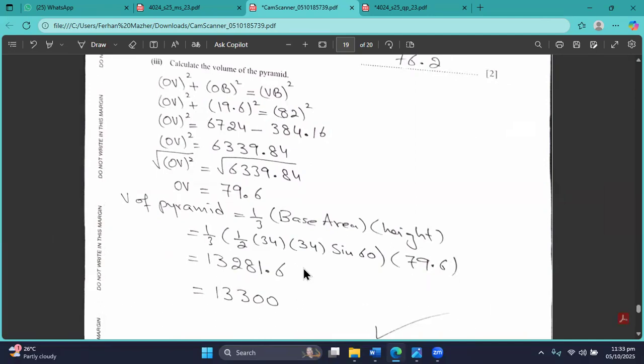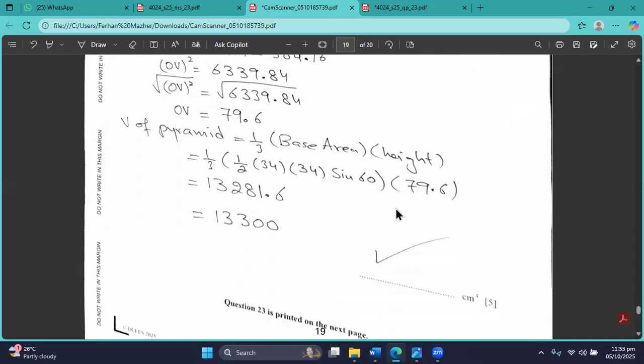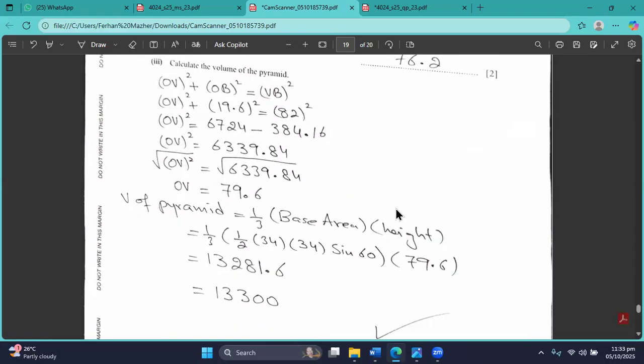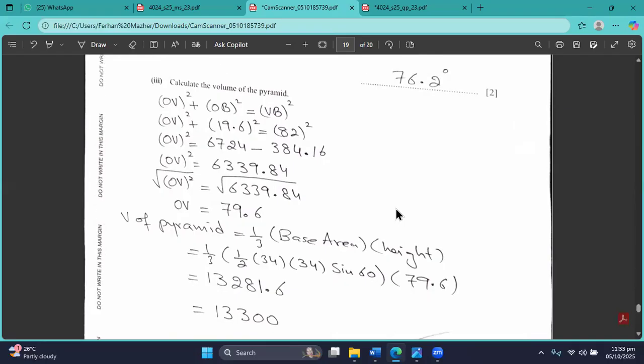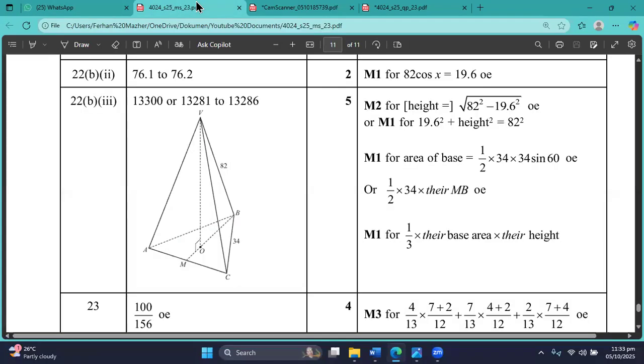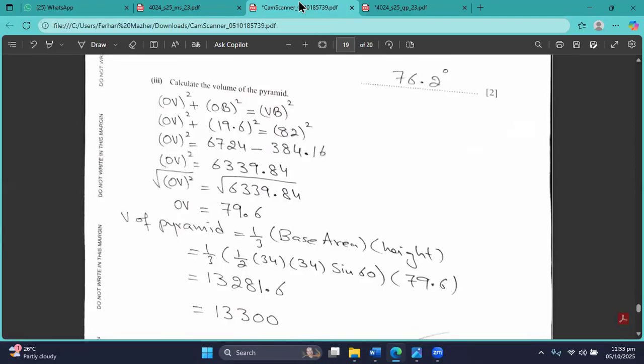So when you do this calculation, it's 13281.6. So in three significant figures, it will be 13300 centimeter cube. It's a 5 marks part. I hope you understand. It's a 5 marks part. That's showing up on your screen.